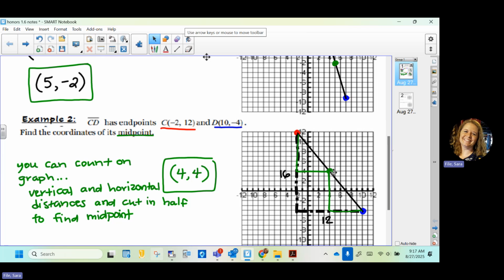So just know that your midpoint doesn't have to be at integer values. Your midpoint could be at like 3.5, 4.5 or something. Let's say that had been 15 instead of 16. When I cut the 15 in half, I would go down 7.5. So my y value would be at a half instead of at an integer. Does that make sense? All right, easy enough?